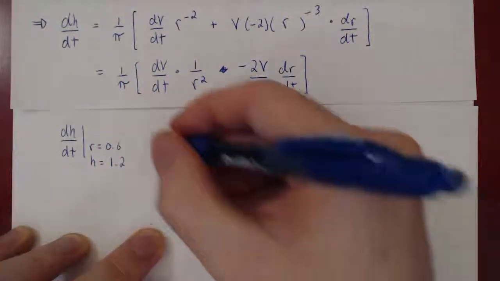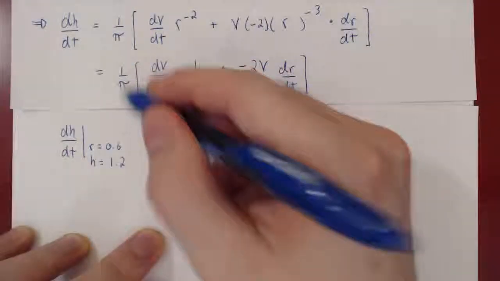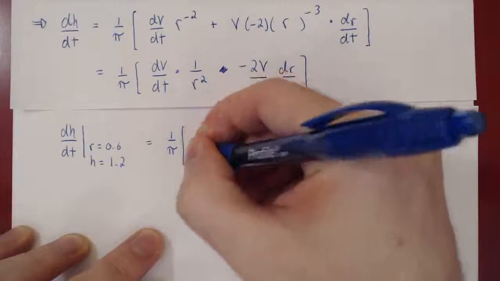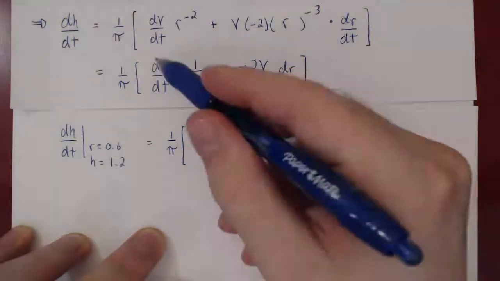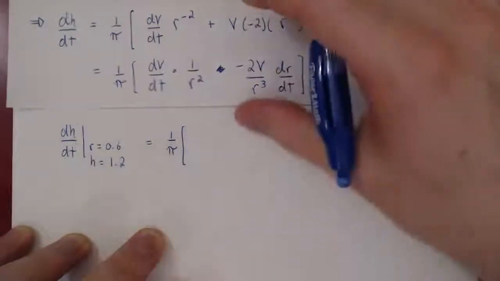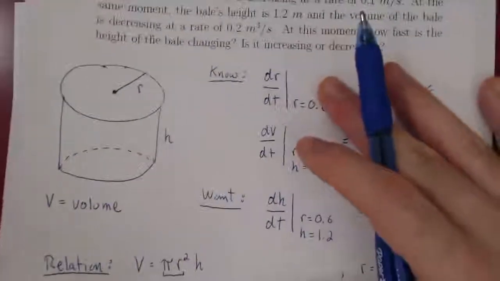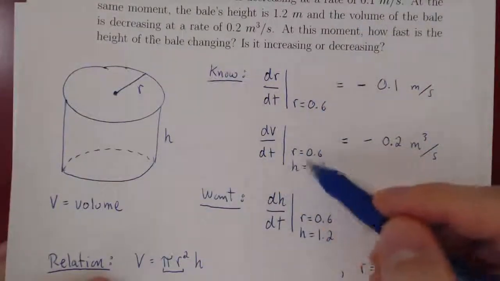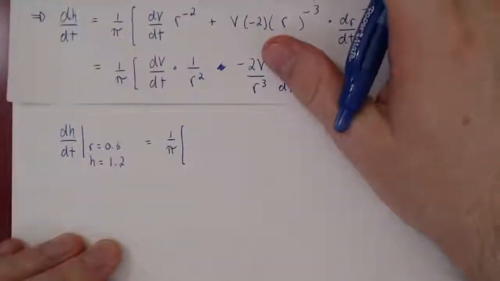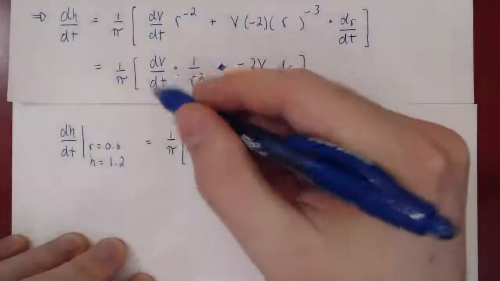So let's substitute now. 1 over pi is always 1 over pi times dv over dt, when r is 0.6 and h is 1.2. If you remember, dv over dt at this instant was negative 0.2.